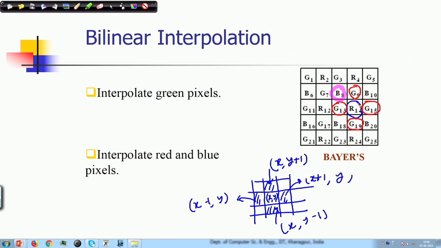So, what can I do? I can take a simple average of these pixels. That is how we interpolate green, because wherever a green sample is missing, you will always find that in the 4 neighbors of that sample, true green values are available. So, you simply take the average.